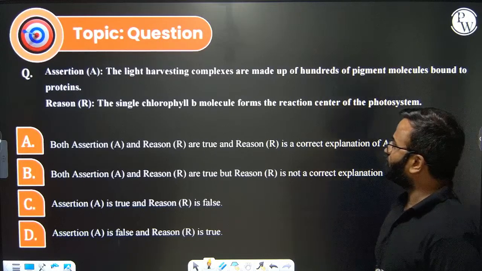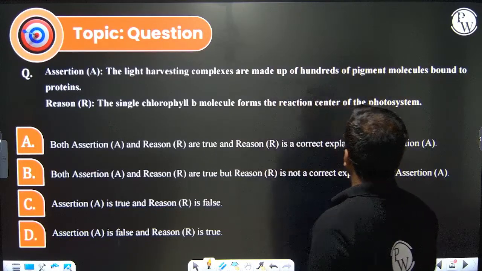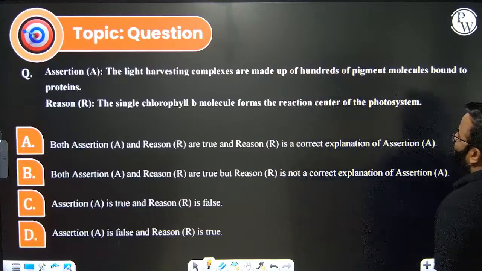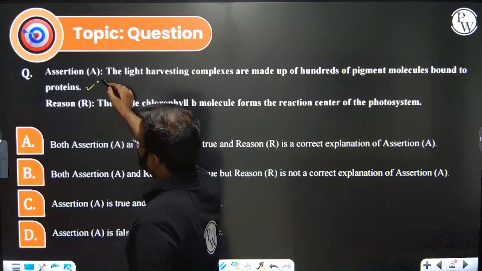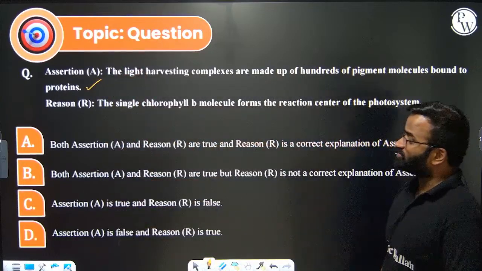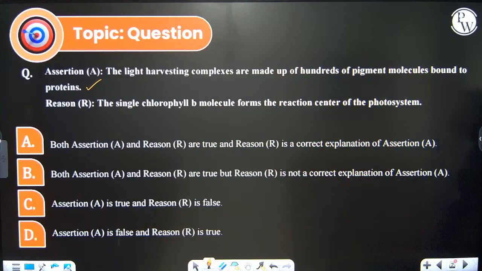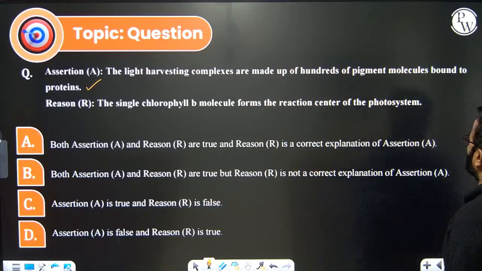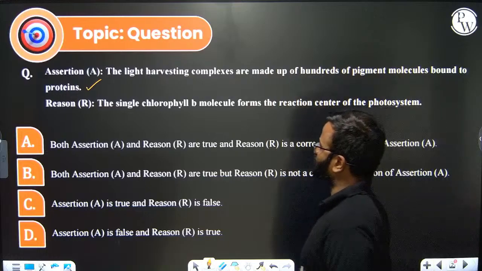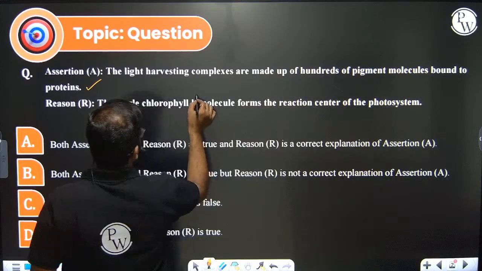The light harvesting complexes are made of hundreds of pigment molecules bound to proteins, which is true as a statement. Next, the single chlorophyll B molecule forms the reaction center of the photosystem. As you know, it is a blunder.